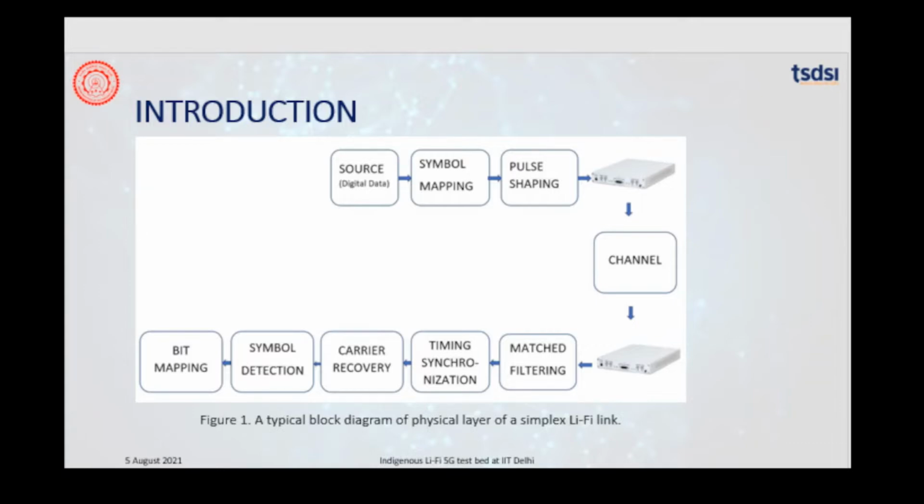Now coming to the channel, in case of a Li-Fi link, the channel is a wireless channel that will include the front-end circuit at the transmitter as well as the receiver. In the front-end circuit at the transmitter, an LED circuit is used, and at the receiver, a photodetector circuit is used. So the passband signal generated by the USRP will be transmitted via the LED and received by the photodetector circuit at the receiver end.